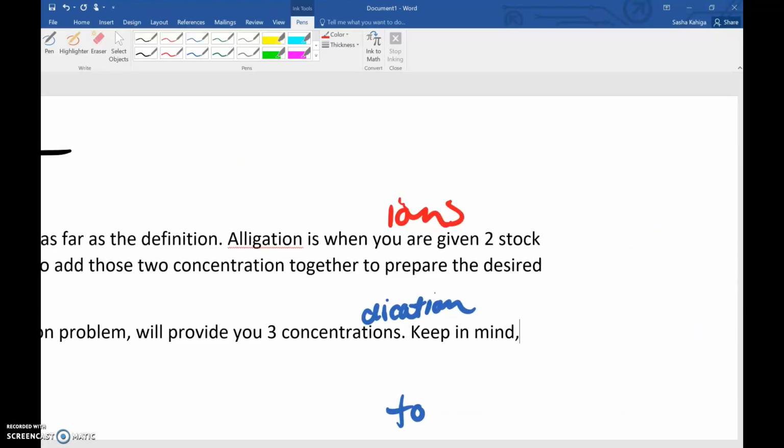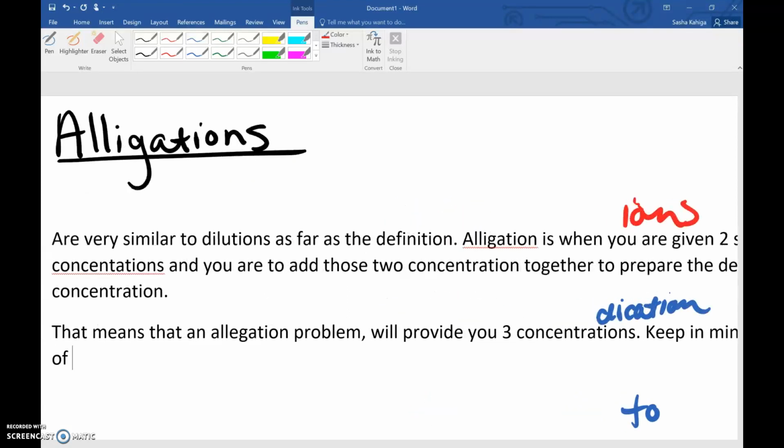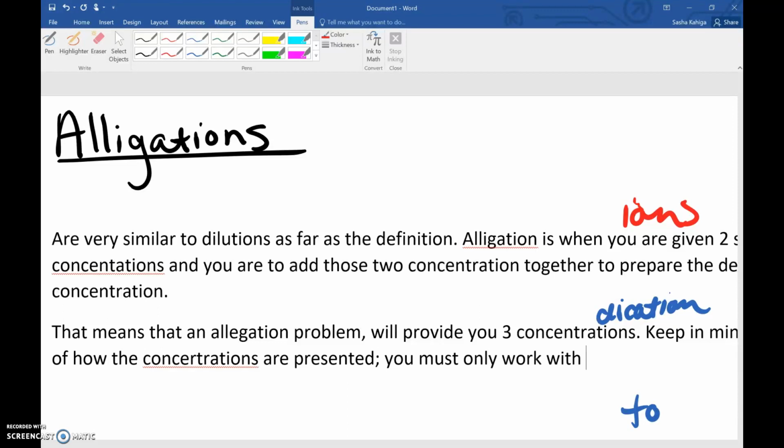Keep in mind that regardless of how the concentrations are presented, you must only work with percentages as your concentration.